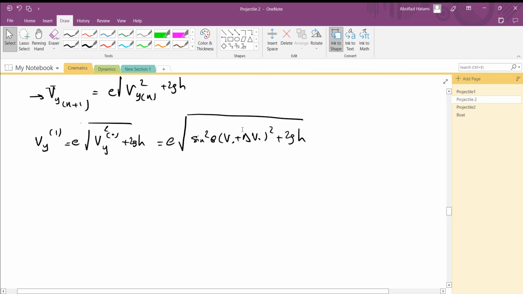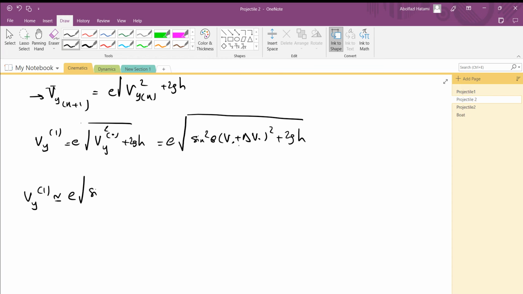Here delta v0 over v0 is very small, so we can do the same. So vy1 is just going to be something like this: sine square of theta v0 square plus 2v0 delta v0, and we neglect this term. We don't use this term.